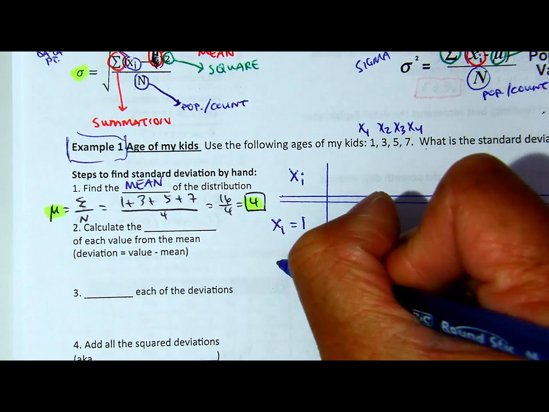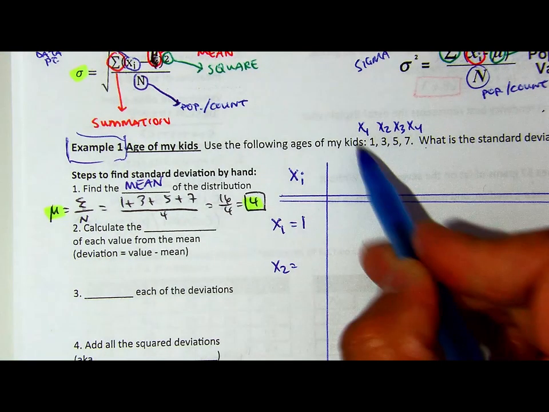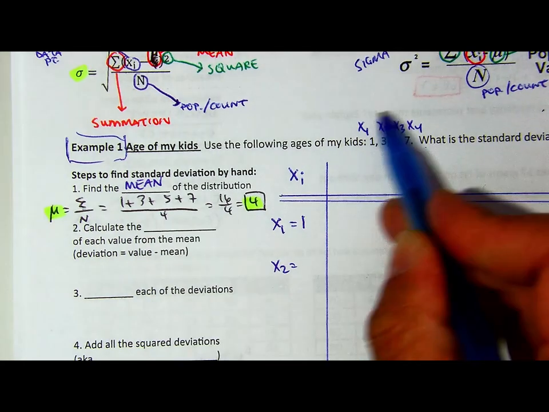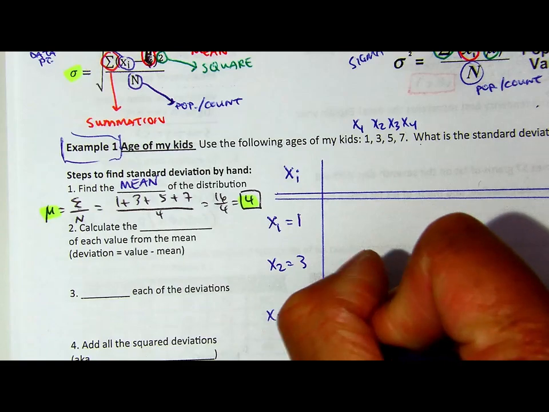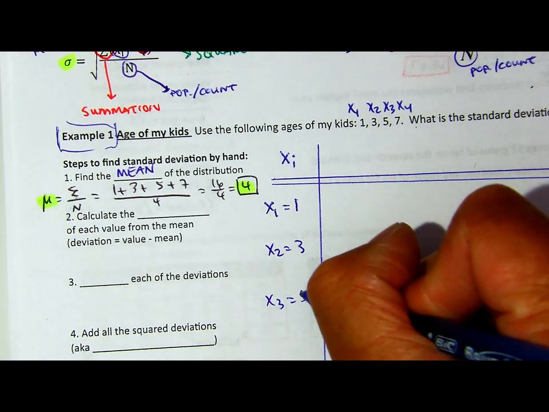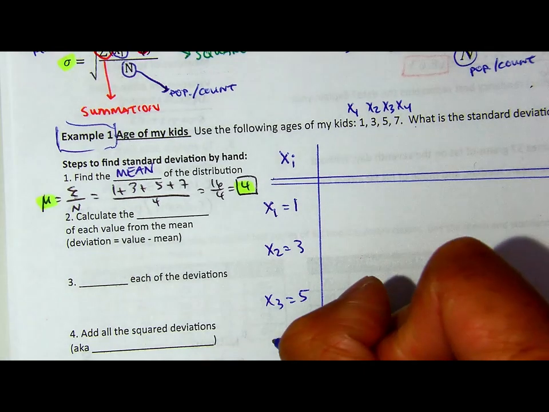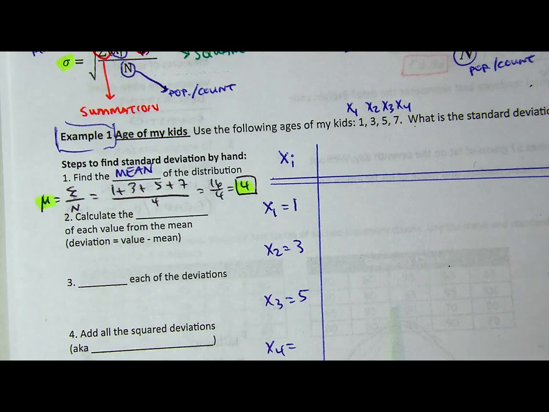Bianca, age of the second kid? X2 is 3. Jonah, X3. Yeah, you're writing this down. A-Marie, X4. 7.